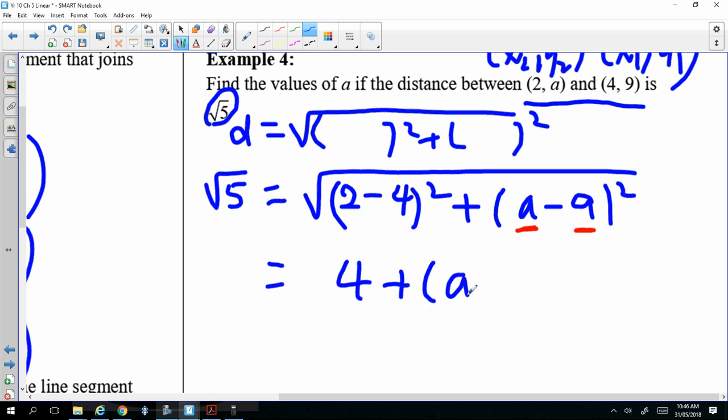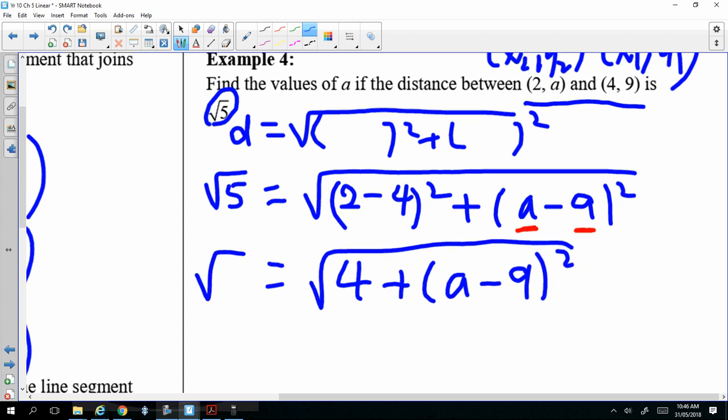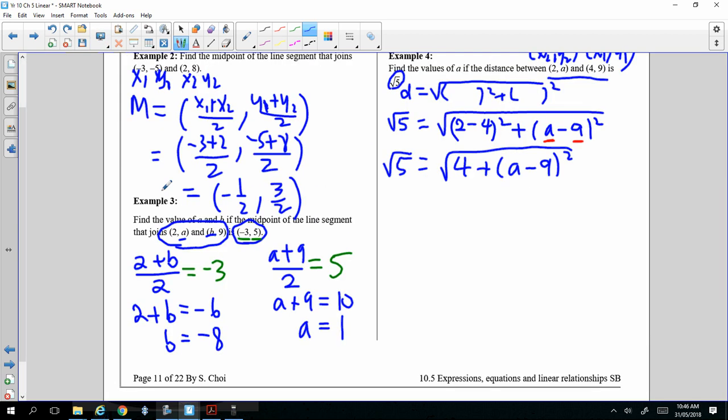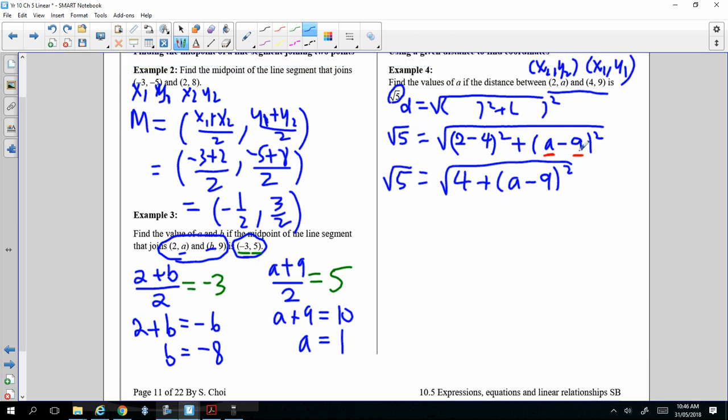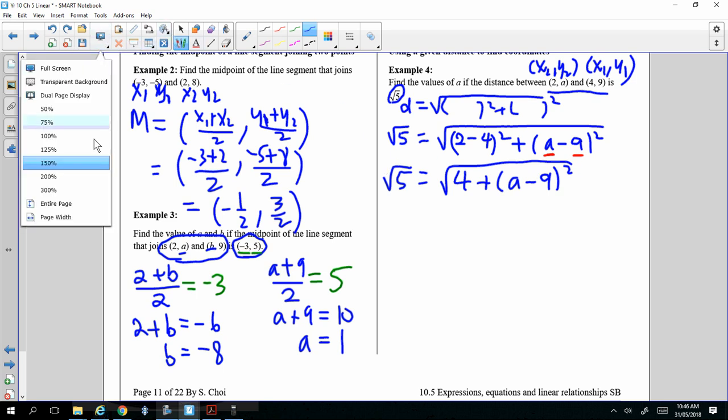Okay, and the question is, what do we do next? Because this is algebraically more challenging to solve than the other equation, which is easy. This is a little bit harder to find out what A is. So what should we do to find A? Any suggestion? Yep, Lucy? Yes, very good. We have to take the square root out because otherwise you can't move things around.